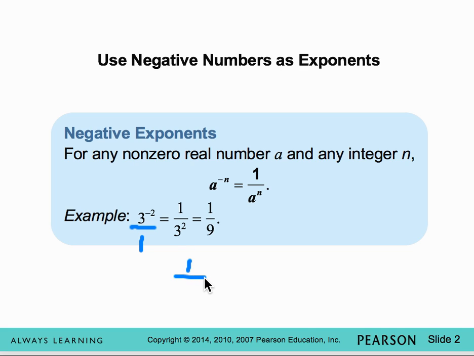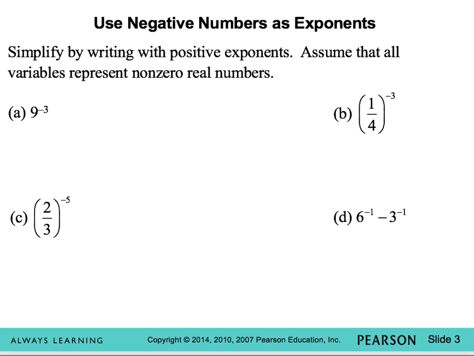If it would have been in the denominator to start with, I flip it to the numerator and it becomes positive. Negative exponents mean reciprocals. Reciprocals mean you flip your fraction upside down, remember? Negative exponents have nothing to do with negative numbers.